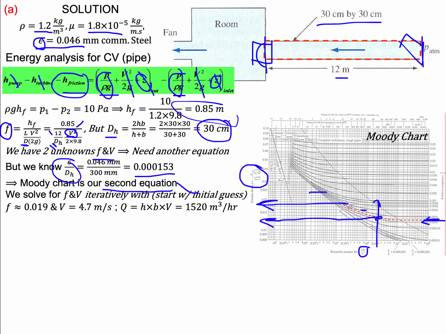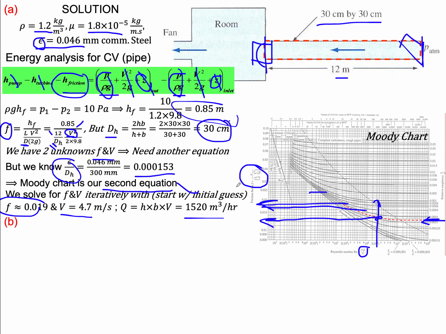I might go up in the curve again. So you get the idea, and you keep iterating until the initial guess and the final updated value are within 10%. So we iterate to or converge on an F of 0.019, which is associated with a velocity of 4.7 meters per second, and that gives me a volumetric flow rate.